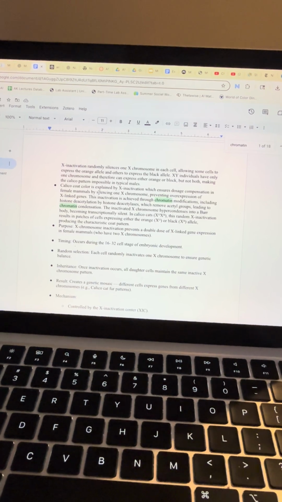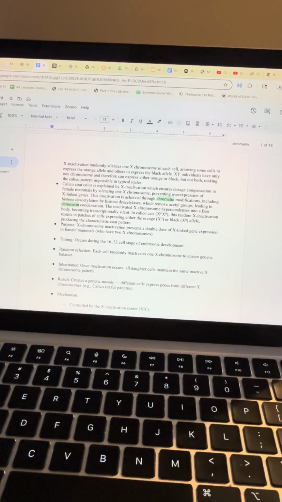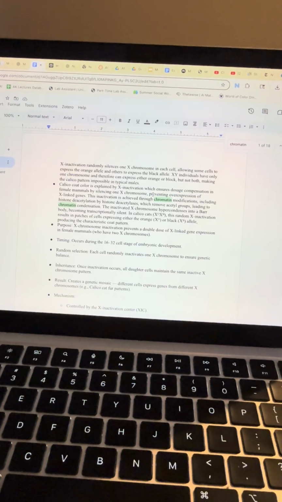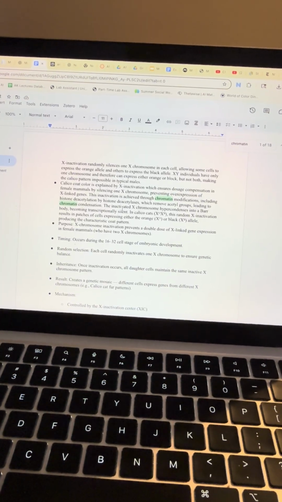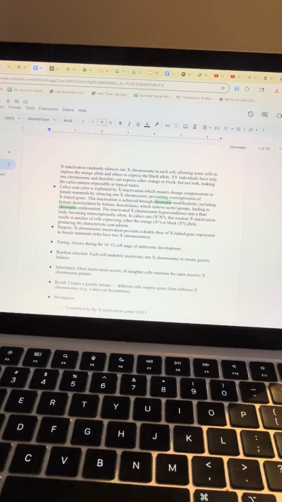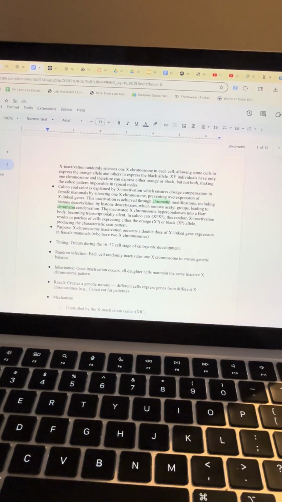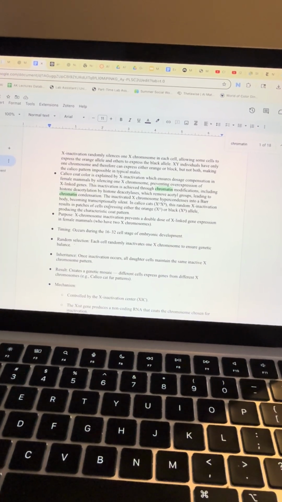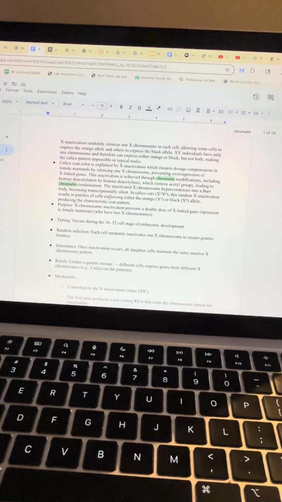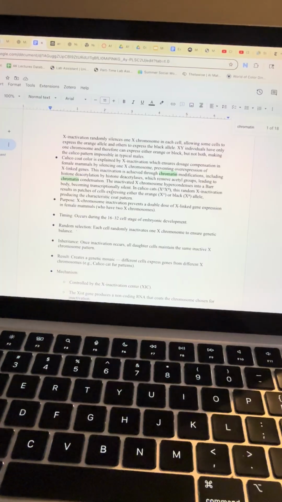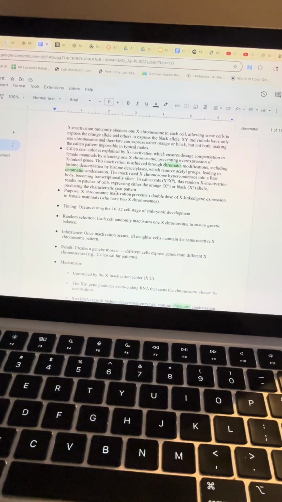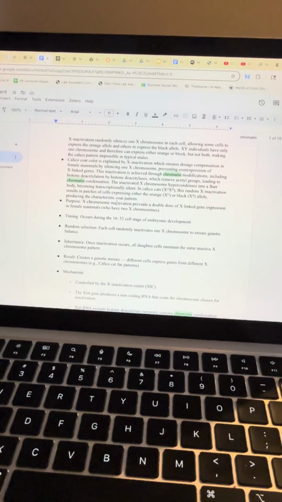Calico coat color is explained by X inactivation, which ensures dosage compensation in female mammals by silencing one X chromosome, preventing overexpression of X-linked genes. This inactivation is achieved through chromatin modifications, including histone deacetylation by histone deacetylases, which remove acetyl groups, leading to chromatin condensation.